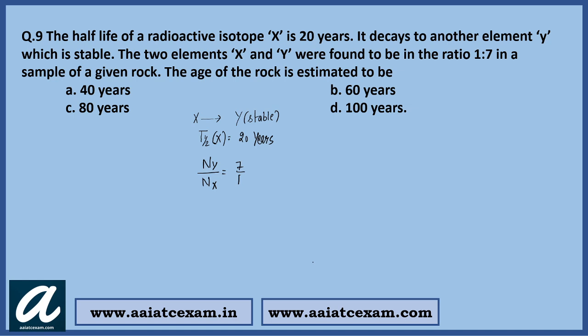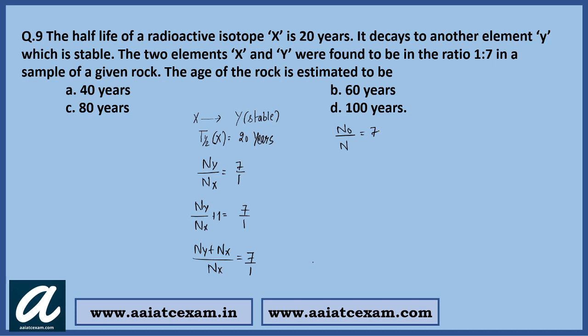Just adding 1 on both sides students, ny by nx plus 1 should be equal to 7 by 1. So it is ny plus nx whole divided by nx, which should be equal to 7 by 1. Now students, ny plus nx is the total number of nuclei, that is n naught by n. Can I say n naught by n is 7?